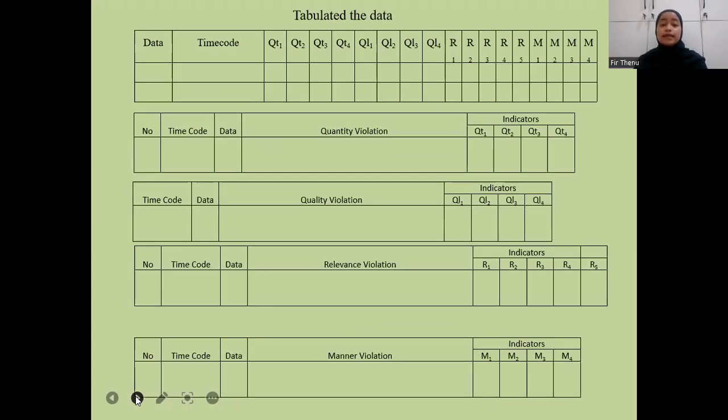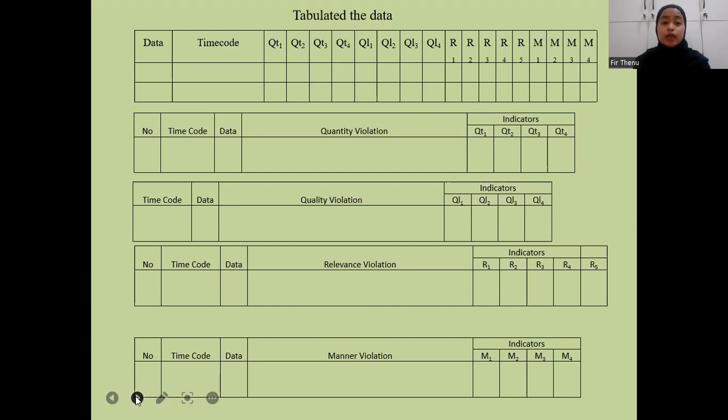To tabulate the data, the researcher used five tables. As you can see in the first table, the researcher classified the data based on time code and based on all of the categories.